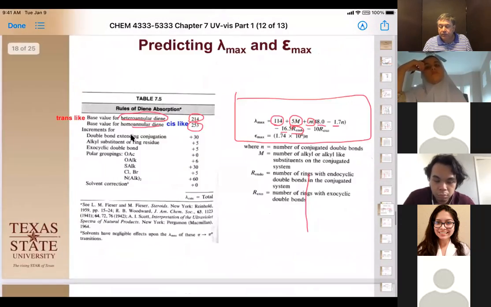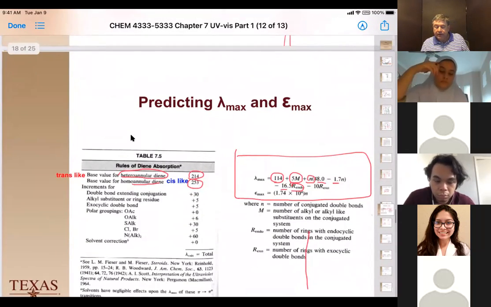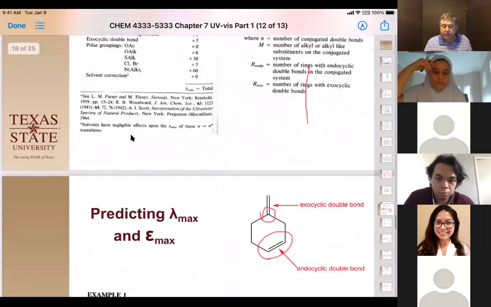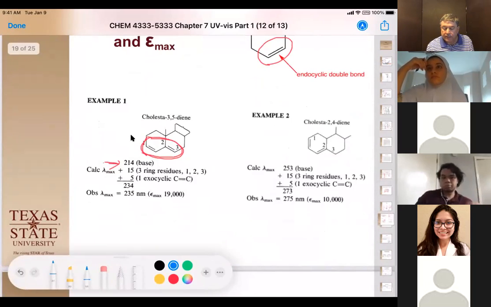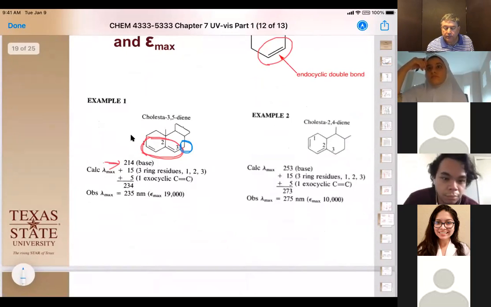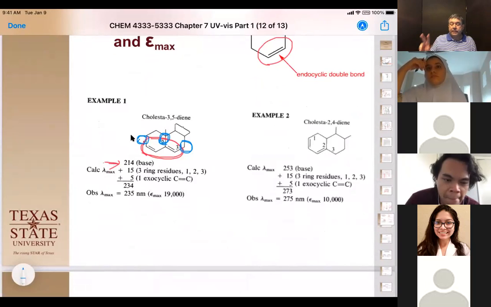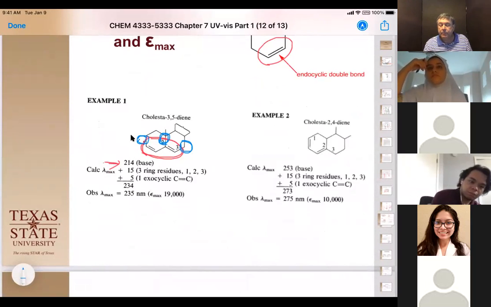Then 5 times the number of substituents added. So there are 3 substituents added to these double bonds. Let me circle those. This is an R group on a double bond. This is an R group on the double bond. This is an R group on the double bond. So that's 3 times 5, which gives a total of 15. That's from our equation here.